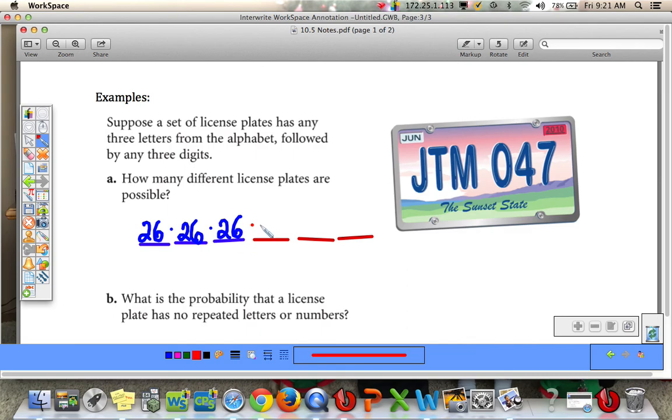So you have 10 choices for the first digit, 10 for the second, and 10 for the third. If we multiply those together, we'll get how many different choices we'll have. I've done that before, and I have 17,576,000 different ways to rearrange those letters and numbers if you have 3 letters first and 3 numbers second.